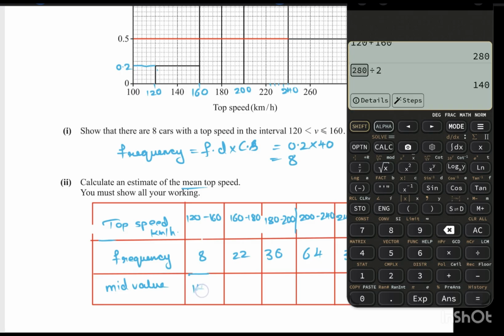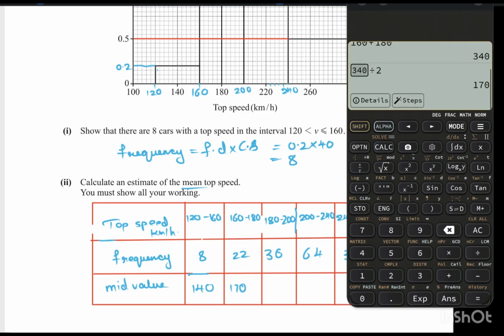So mid value is 140. Then next class, 160 plus 180, we get 340 divided by 2, 170.